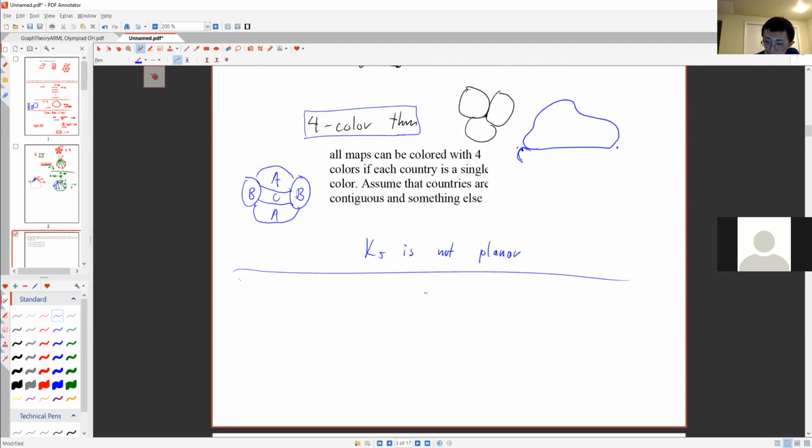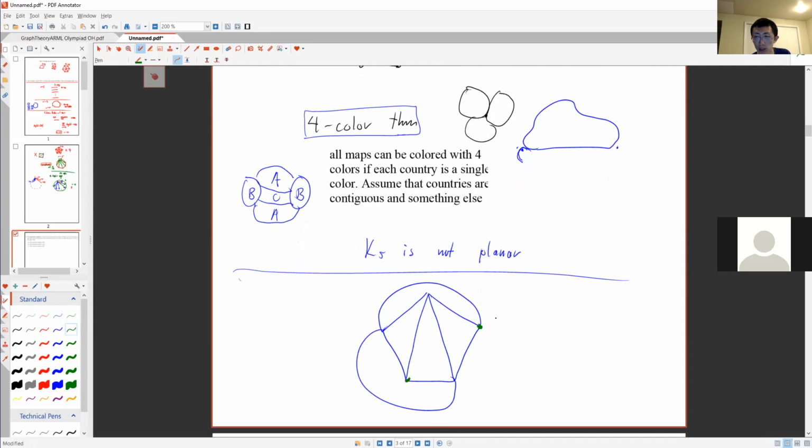Yeah, so you can try moving some of the vertices around, but you can never make it planar. Like if I try to draw it planar, I can't connect these 2 vertices with some continuous edge. So that doesn't work, whatever.